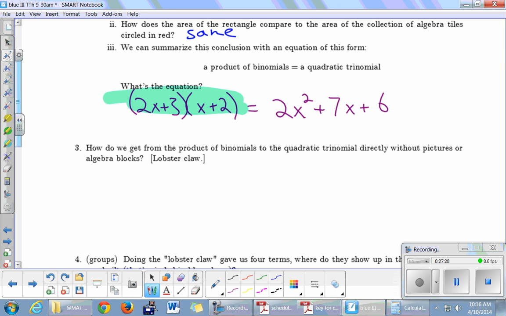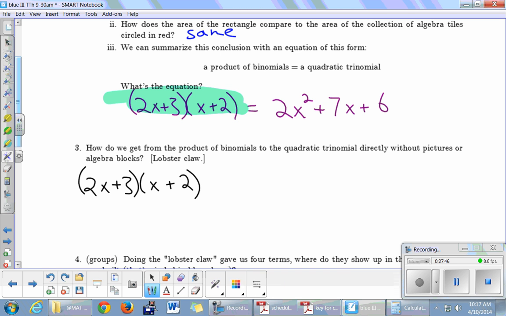So starting from scratch, just looking at this 2x plus 3 times x plus 2. We are now going to learn how to multiply these two together without referencing the blocks. Suppose that I temporarily just got rid of this 2x right here, and there was no parentheses there.